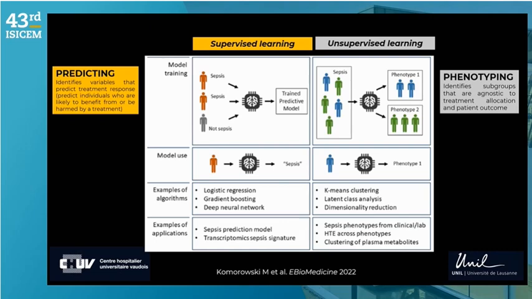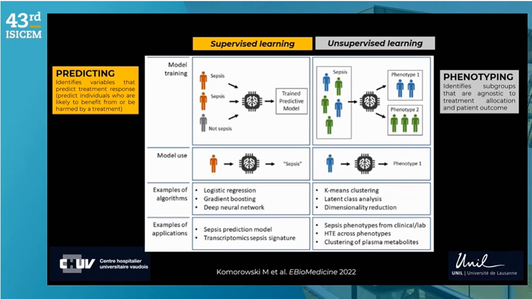So if you take the example of a septic patient, you can train the model to distinguish patients with sepsis versus without, and then use this trained model, applied to a different set of data using statistical tools, essentially logistic regression.